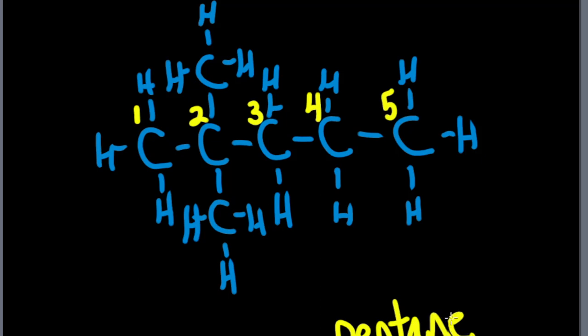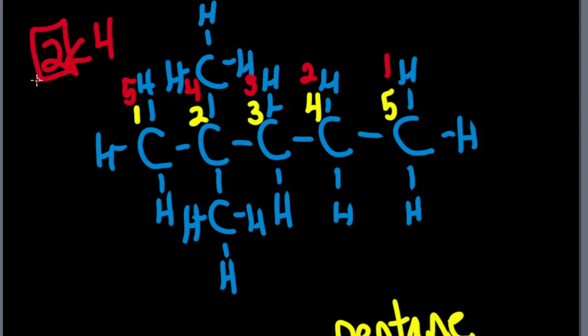I could also try going the other way as far as my numbering goes. 1, 2, 3, 4, 5. And I still get pentane, but 2 is going to be less than 4 whenever I'm naming these methyl groups coming off. Alright, so the 2 wins. So I'm going to go with the 2.